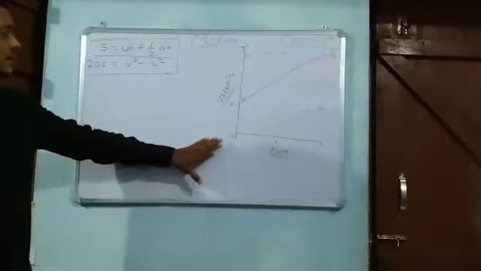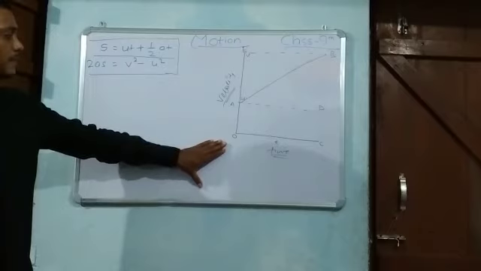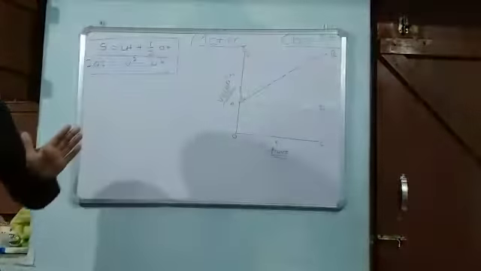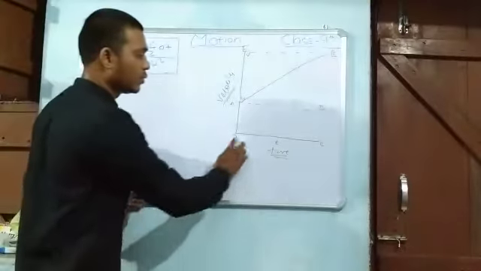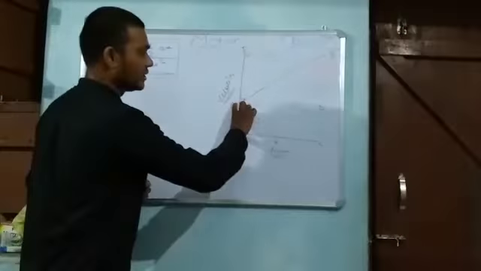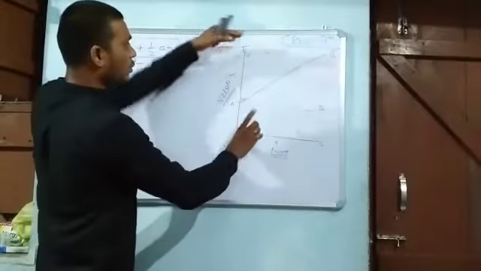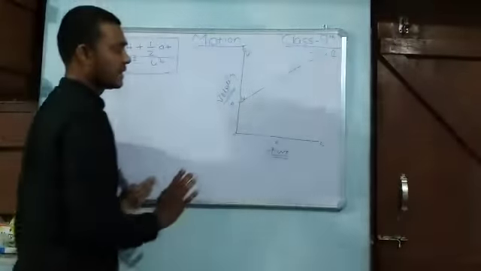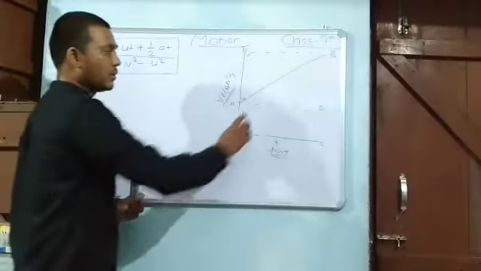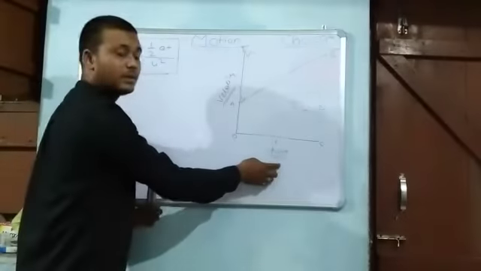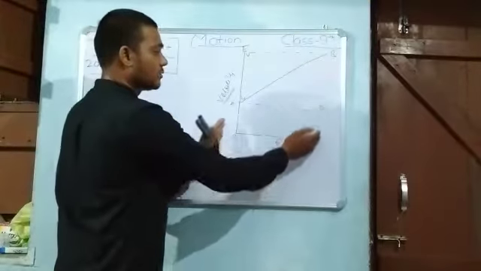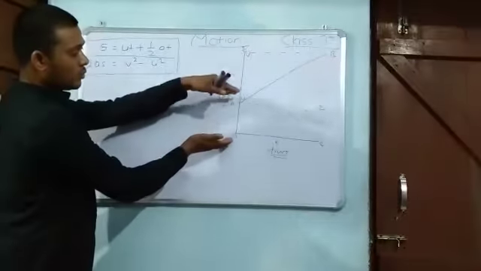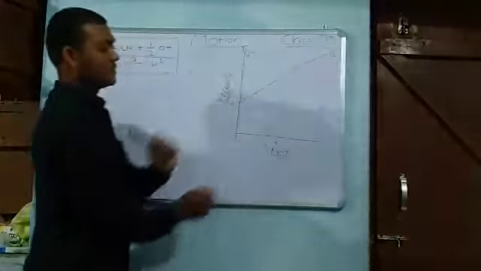So I have a graph with some nomenclature: OA is the initial velocity, OE is the final velocity, OC is time, and we draw AD parallel to OC. It means that OC is equal to AD, and also OA is equal to CD.